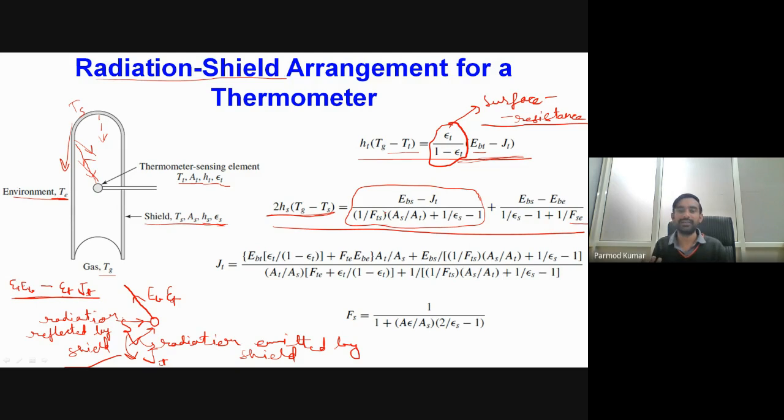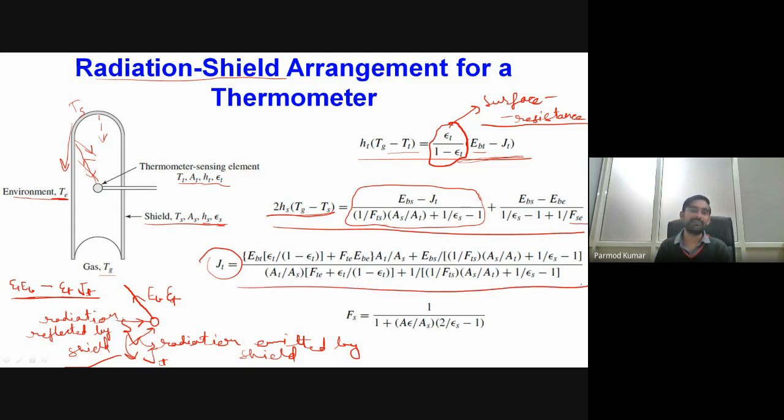View factor is a geometric parameter depending upon the orientation of the objects and their corresponding surface areas, which tells us that if a unit amount of radiation is emitted from a surface, how much fraction of that will be absorbed by the other surface. So that is a parameter which represents the resistance of the space. The corresponding value of JT is also given here.